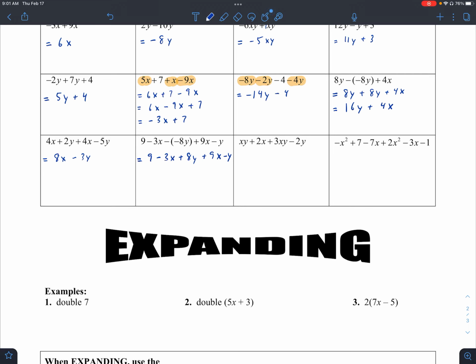Okay, so I'm going to keep the 9 as it is, just in front. Then we have -3x plus 9x. So that's the same as 9x minus 3x. So 9 minus 3 is going to be 6. So plus 6x. And then for the y's, plus, so 8y minus y is 7y.